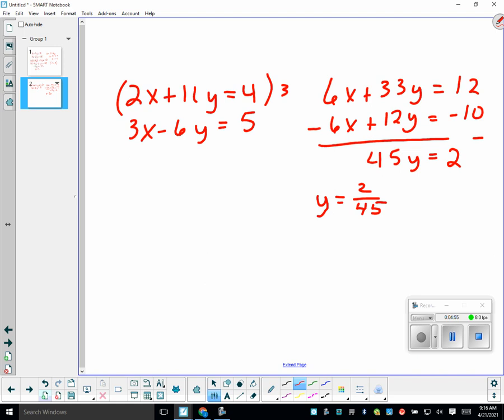One of the originals. You like the bottom one? Sure. So 3x minus 6 times 2 over 45 equals 5. 3x minus 12 over 45 equals 5.